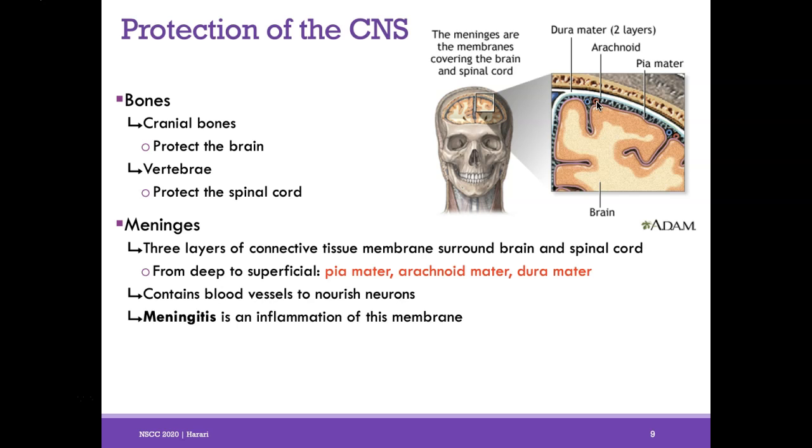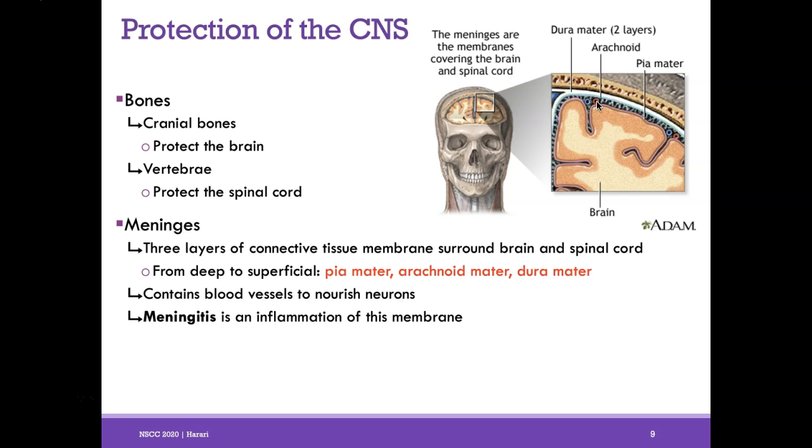And then they get inside of the pia mater or the arachnoid mater, and they could spread. So once the bacteria or the virus infects the pia or arachnoid mater, it can actually spread to the neurons, and that's where it gets dangerous because the brain can swell up from meningitis, and that can cause hemorrhaging. So that's why meningitis is very deadly.